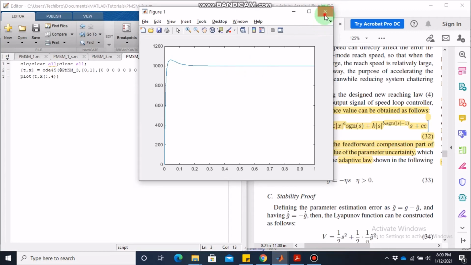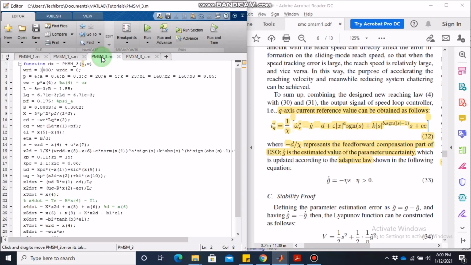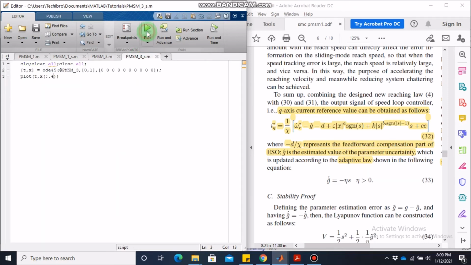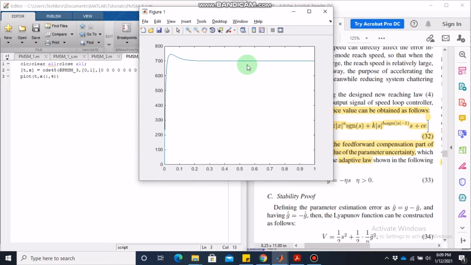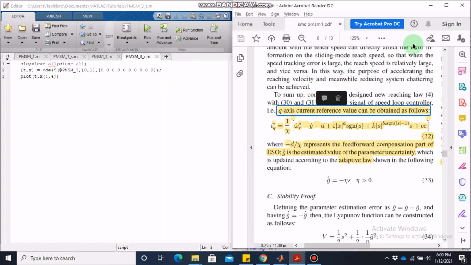Similarly, you can go to any constant, let's say 700, save it and run, and this is 700. So I have tested quite a few constant velocities.